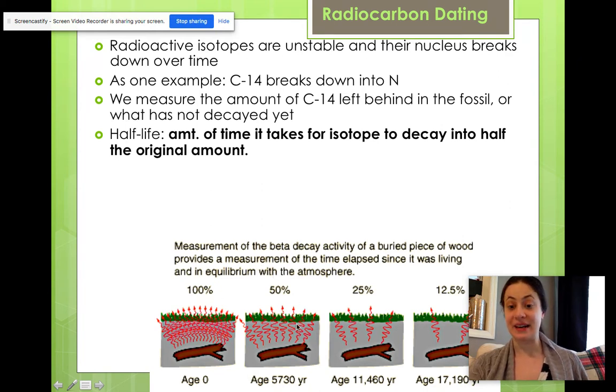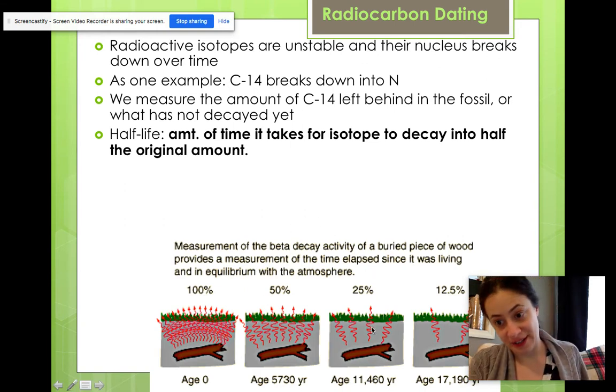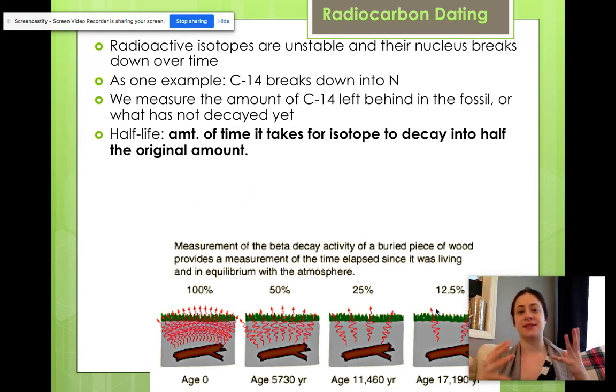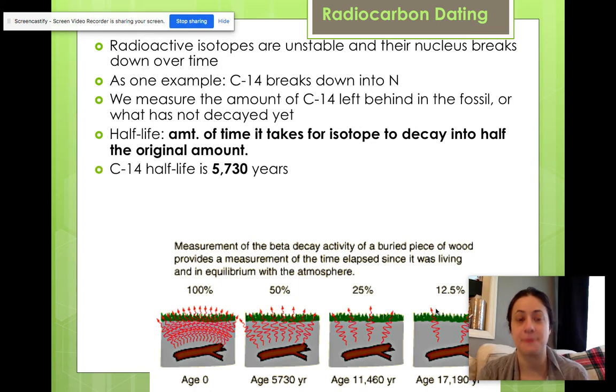And here, now we only have half the carbon left. And now half of it has become nitrogen. Then 5,700 years later, it continues to decay. And then another 5,700 years later, it continues to decay. So we measure the amount that's left in order to determine the absolute age.